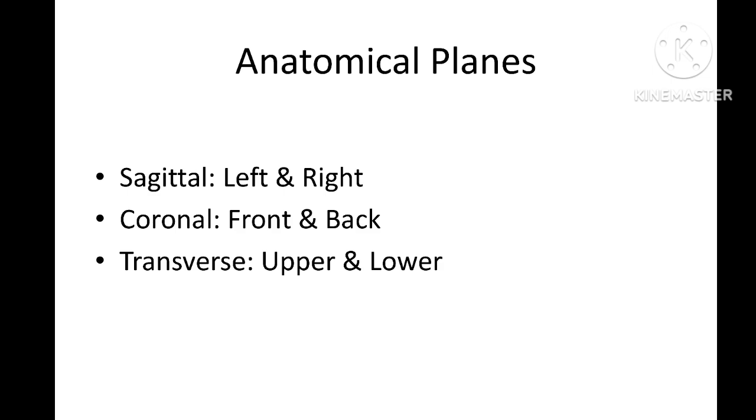Example, twisting your body left and right. It is a movement of the transverse plane. Simple trick to memorize the anatomical planes: sagittal, side to side cut. Frontal, front and back cut. Transverse, top and bottom cut.